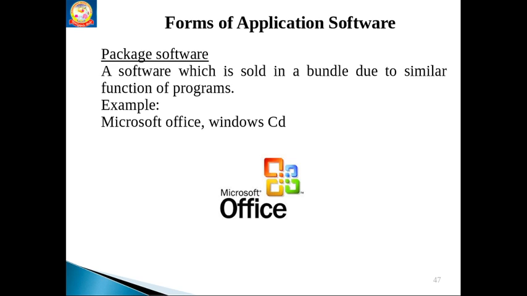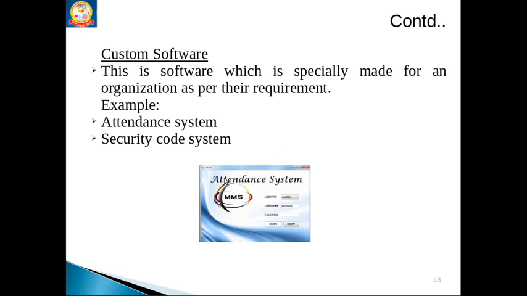Various types of applications come under one package. Custom software is made for a company for a specific purpose. Like if I develop one software for our college, like an attendance system, that is custom software.